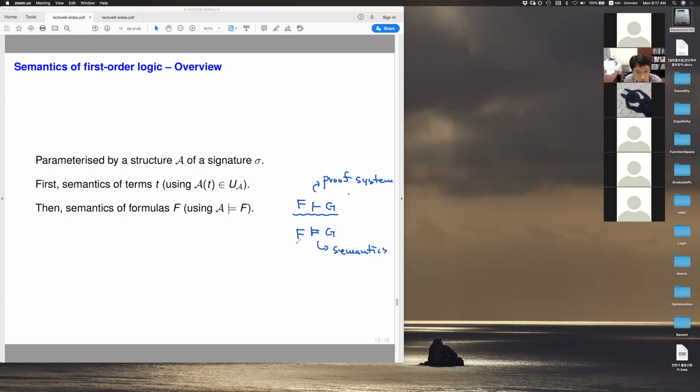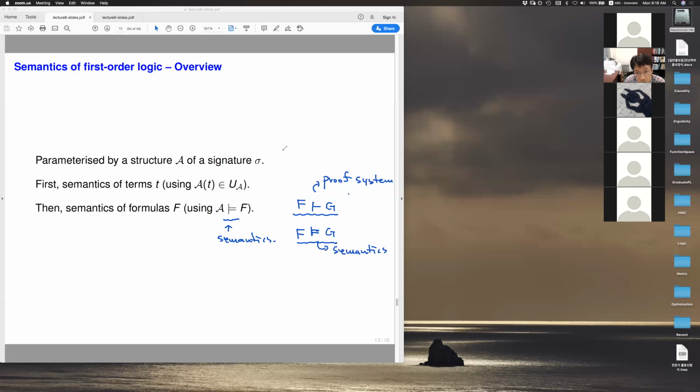Then you can also easily define the notion of truth. And Gödel's incompleteness theorem says that whatever you do, you can't make the top one and the bottom one the same. Anyhow, the reason I bring this up is that this sign is almost always going to be about semantics in logic.